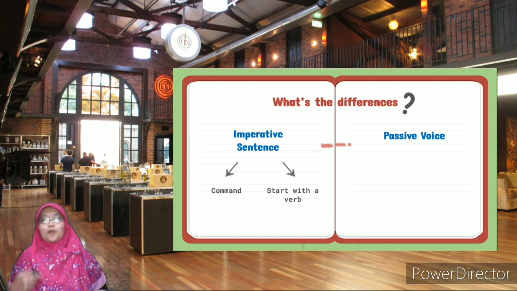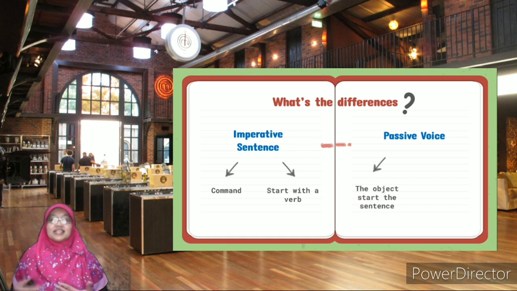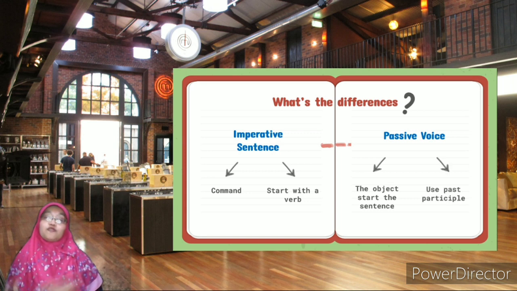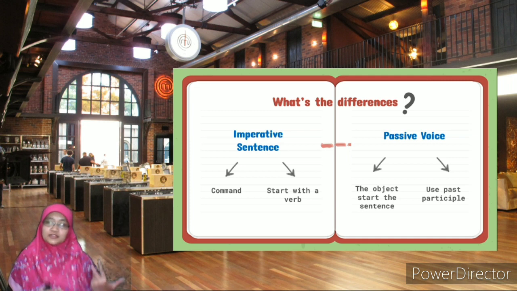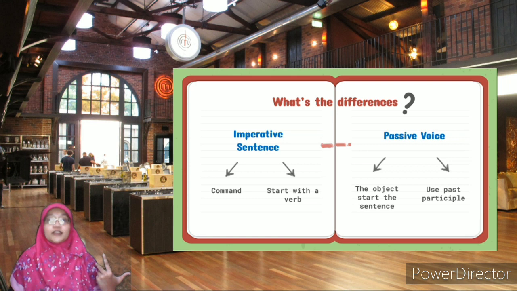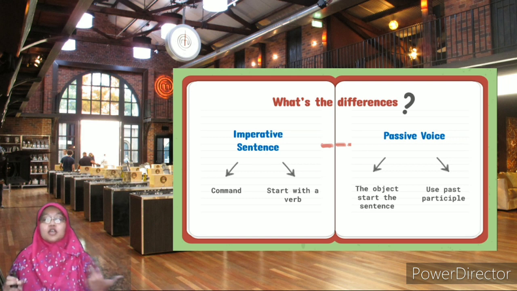So, what is the passive voice then? In the passive voice, the object starts the sentence and it uses the past participle. For example, in the previous recipe, in the previous steps, the onion is cut. So the object starts first. What is the object?